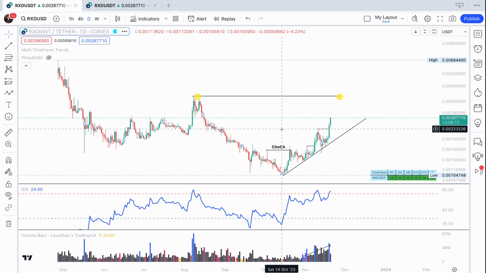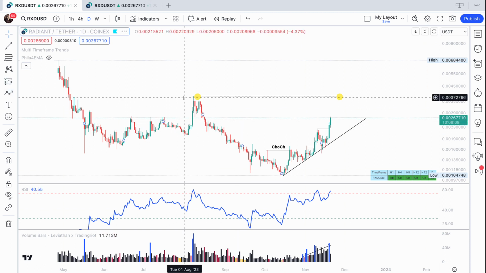For example, if this was a trade, then my first take profit would be at this level, at the point 0038. Why? Because this is a lower high, and I'm assuming that price will encounter a resistance at this level.